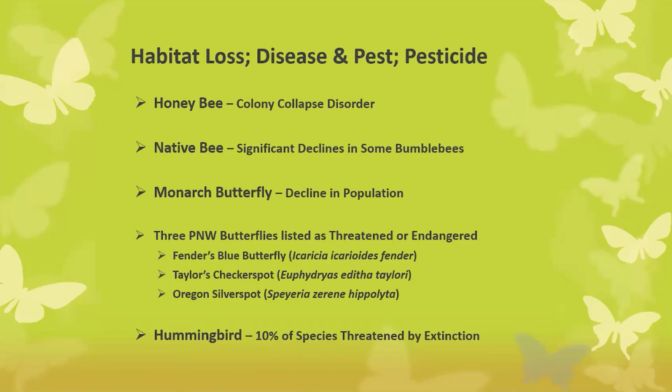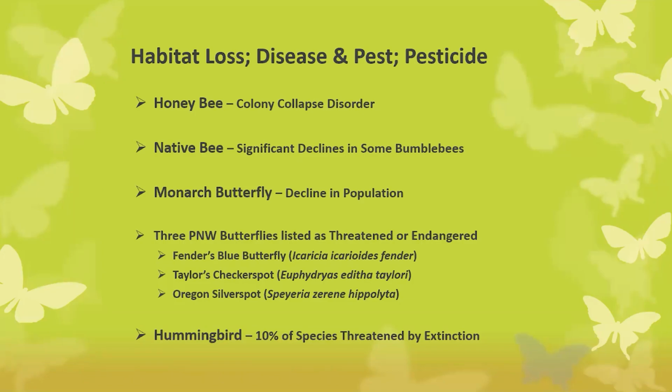Unfortunately, despite their importance, the general conditions faced by pollinators are not good news. A combination of habitat loss, disease, pests, and pesticides have contributed together to cause severe population decline in honeybees, native bees, monarch butterflies, and hummingbirds.